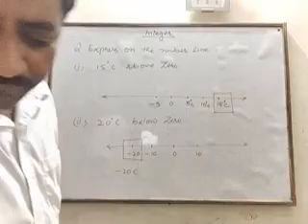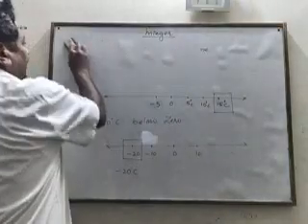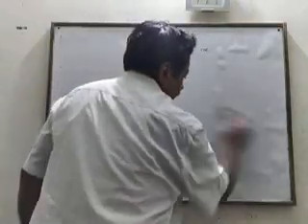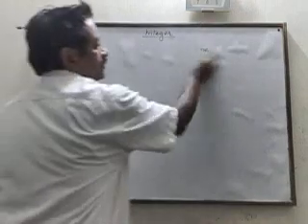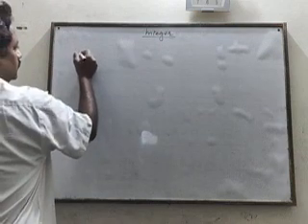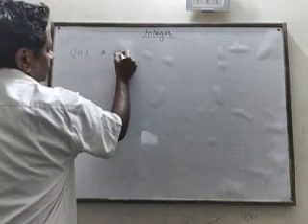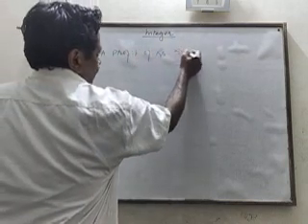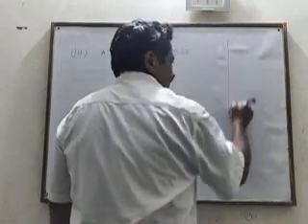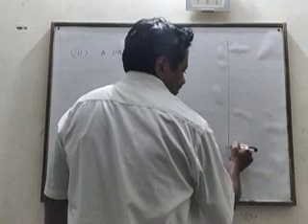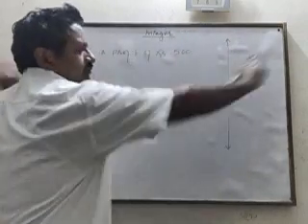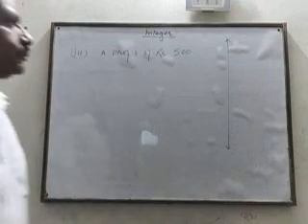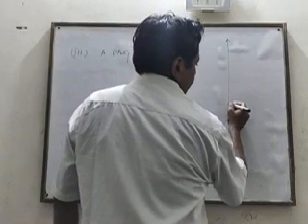Similarly, a profit of rupees 500, how will we represent it on the number line? So this time let us make the number line like this. It is not necessary that every time you need to make the line horizontal. You can make it vertical also. So here I am taking 0.